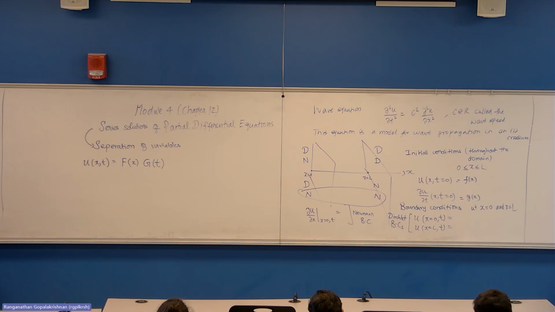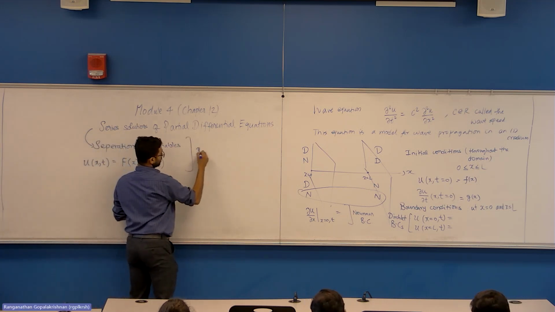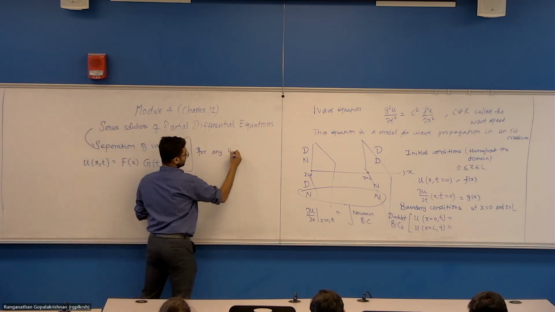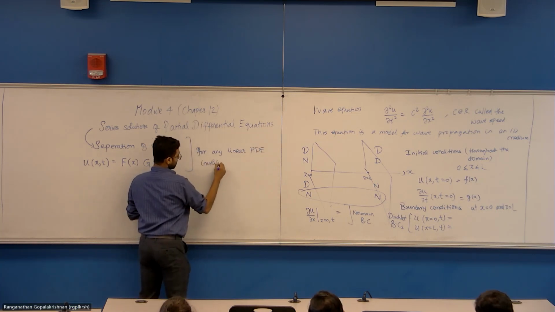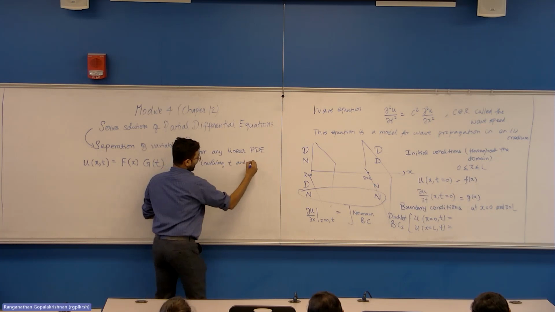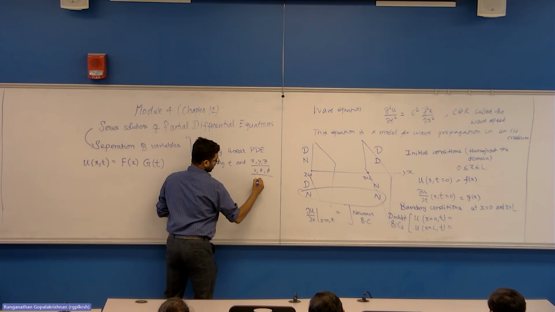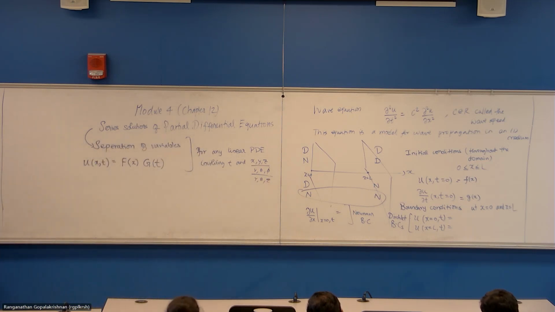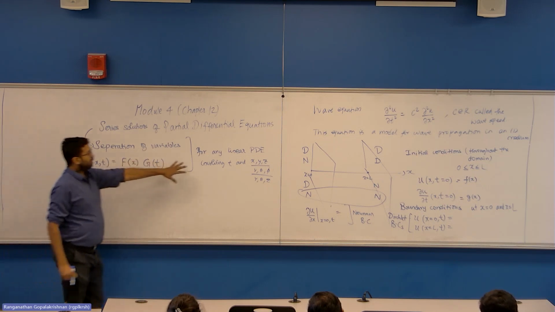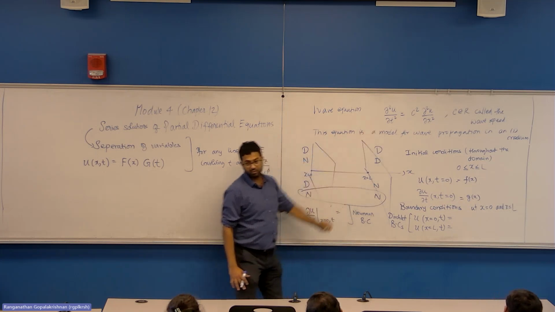We are essentially going to repeat applying this idea for every type of PDE, and it will work for any linear PDE involving time and spatial coordinates, which could be r theta phi or r theta z. It will work for any linear PDE, but to start at some point which is easy to grasp, we'll start with the wave equation.